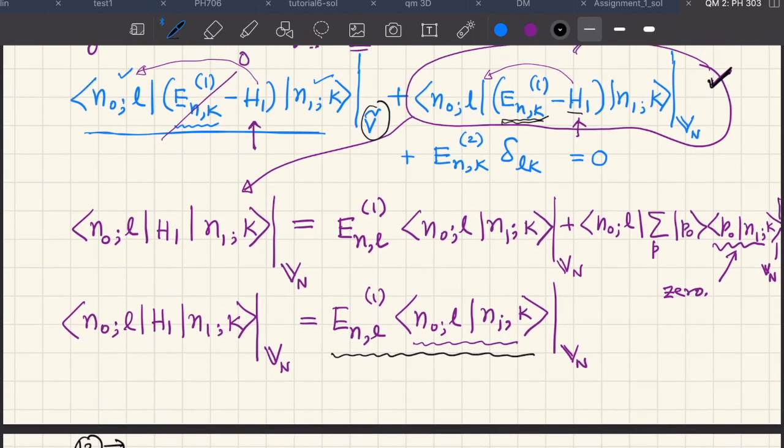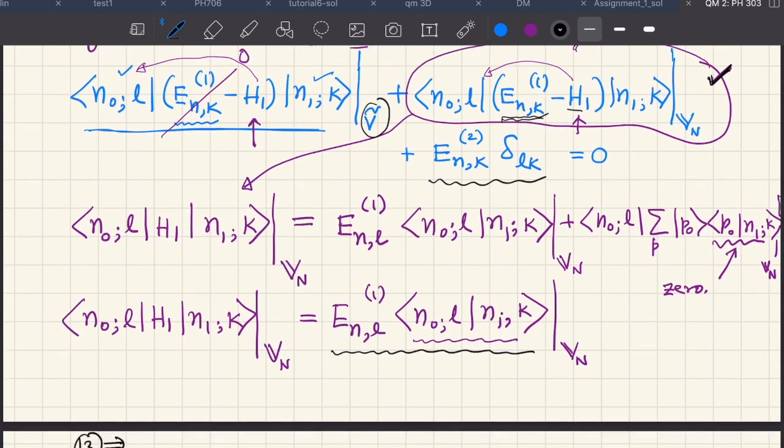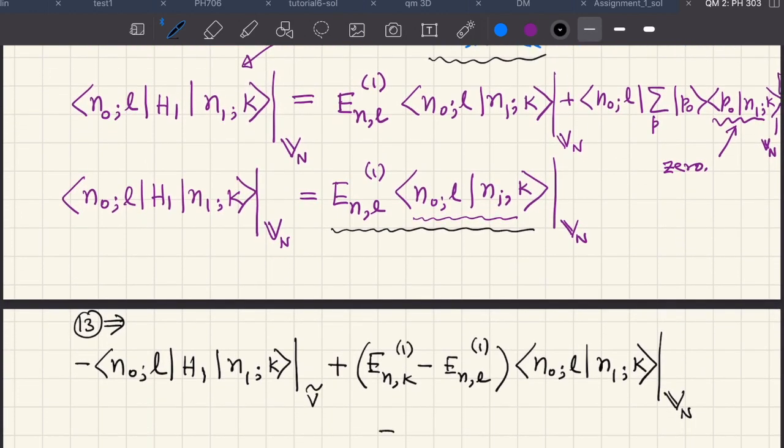And of course there is this term which we need to remember. This is equal to plus E_{n,K}^2 delta_{LK} is equal to 0.